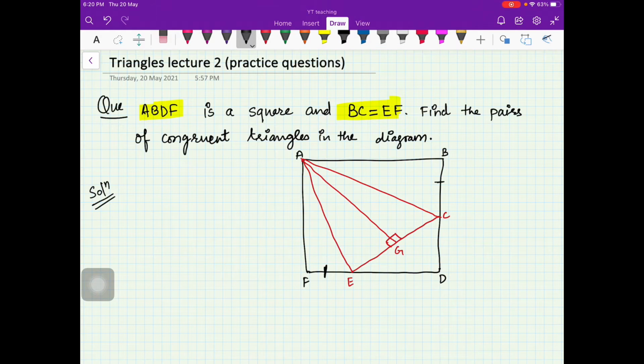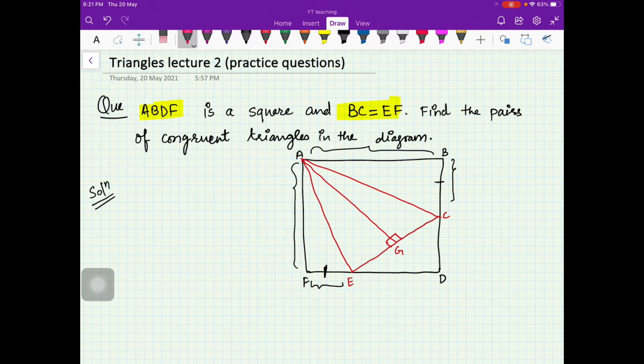Then in this diagram you have to find the congruent triangles. I just drew this figure roughly, so these are not the exact measurements. You are given that BC is equal to EF, and because this is a square, you clearly have AF equal to AB.